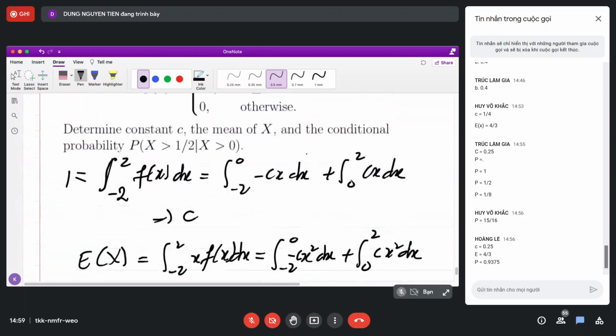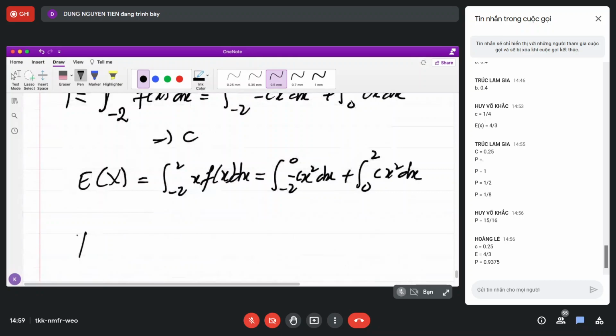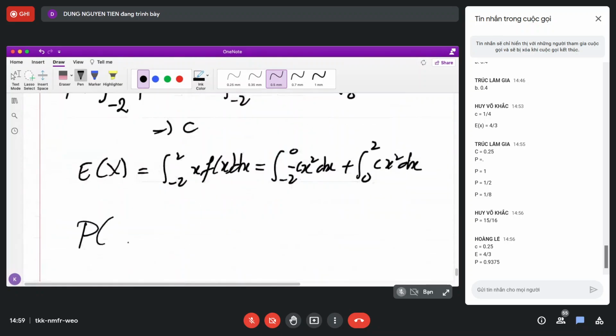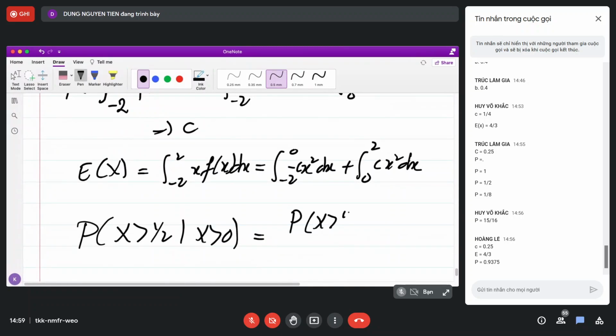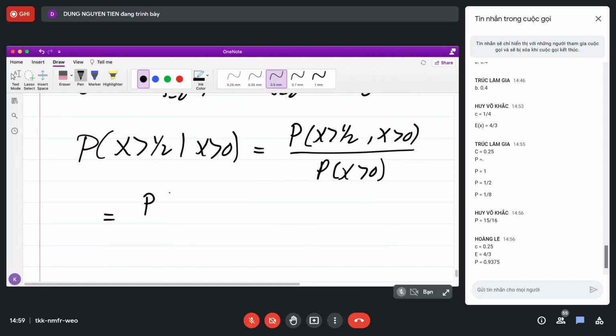For the conditional probability, you need to find the probability that x is more than 1/2, given that x is positive. That is the joint probability that x is more than 1/2 and x is positive over the probability that x is positive. And that is the probability that x is more than 1/2 divided by the probability that x is positive.